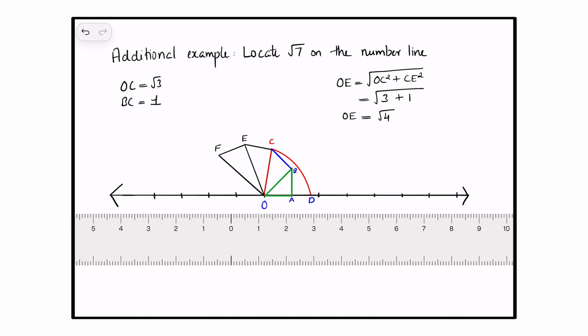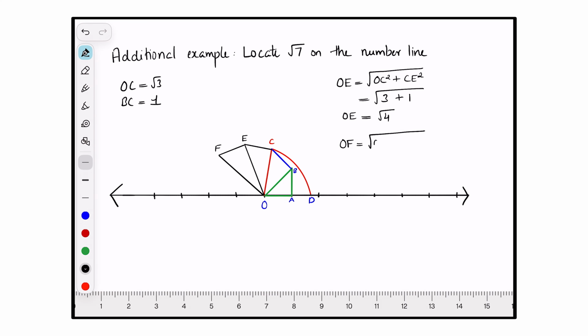We will make use of the triangle OEF. OF will be equal to square root of OE square plus EF square, and OE square is nothing but 4, plus EF square is nothing but 1, implies OF is going to be root 5.